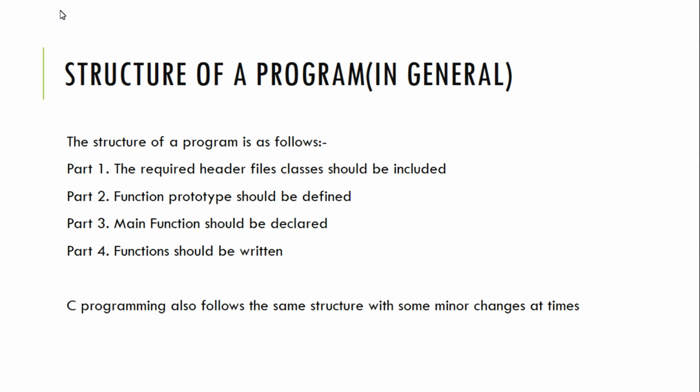You can of course do it before the main function, no issues with it, but try to do it after the main function because it is the convention, and it is desirable that you don't break the convention. So this is the structure of a program. Sometimes there are minor changes, as I said earlier, which will be discussed whenever those changes occur.